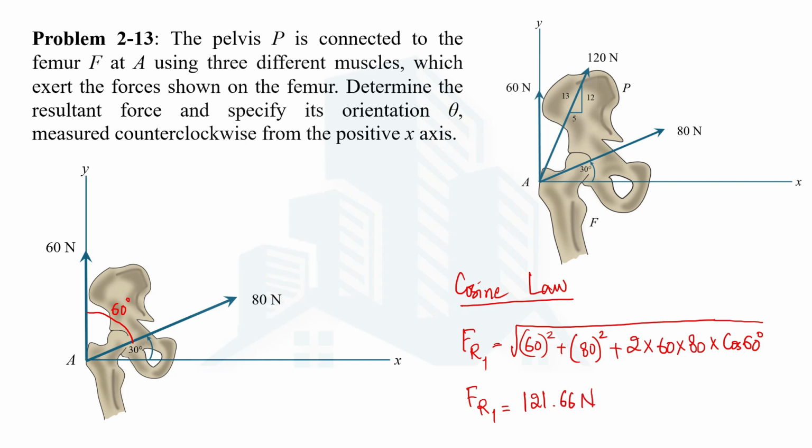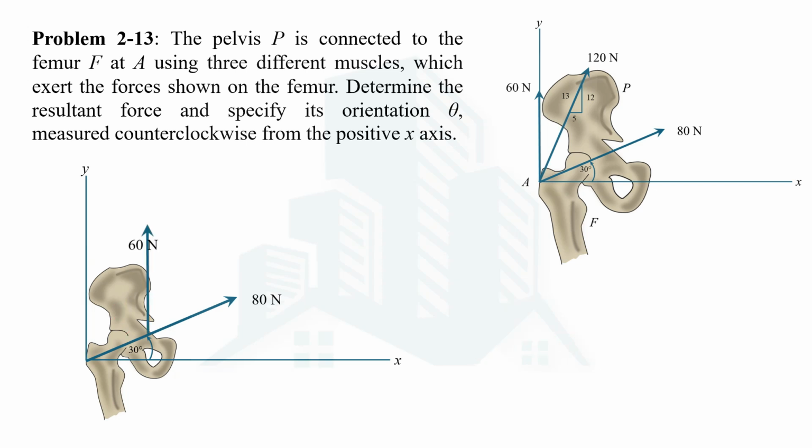Now for the direction, we should use the sine law. For that, we should form a triangle first. So I'll keep the 80 Newton force at the same position, and I will drag the 60 Newton force using the tail of the 60 Newton and head of the 80 Newton force like this way.